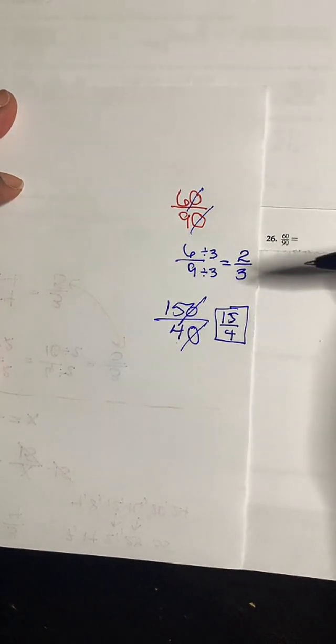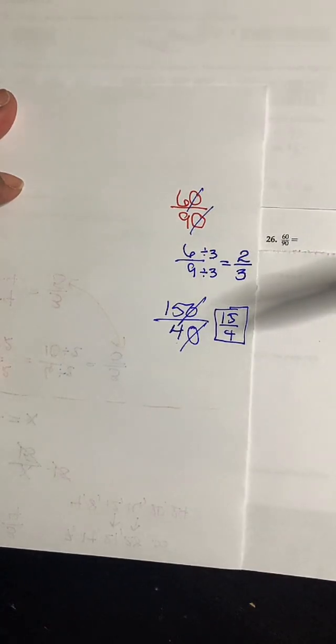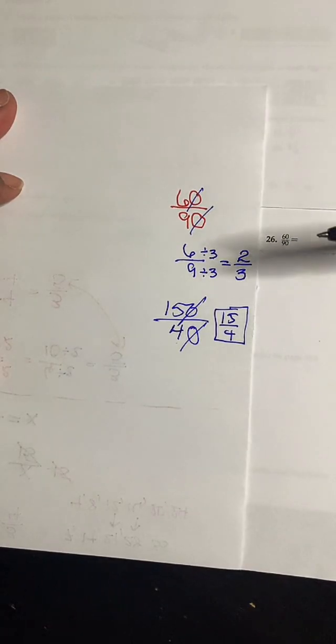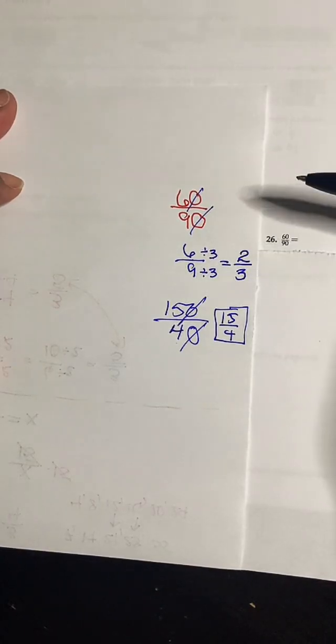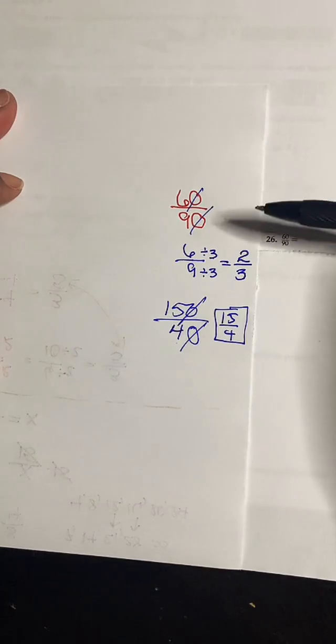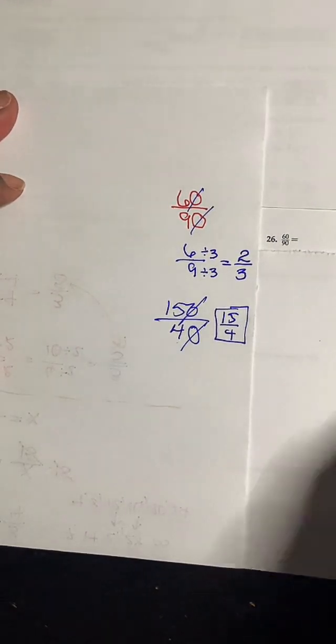If you're in slope, equation of the line, seeing if lines are parallel and perpendicular, that means you're in the 50s.